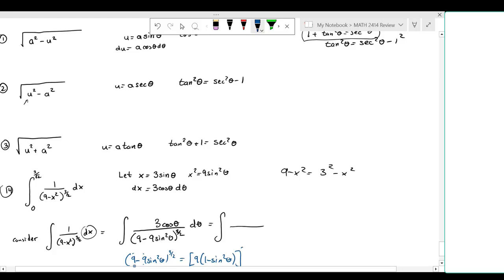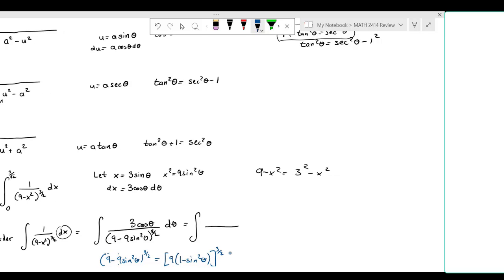So that allows us to replace the 1 minus sine squared with cosine squared. And then by the choice of theta, when we take the square root, you can just take the positive version of cosine.